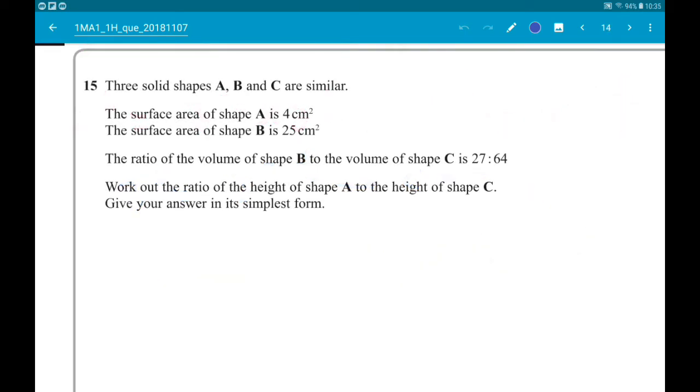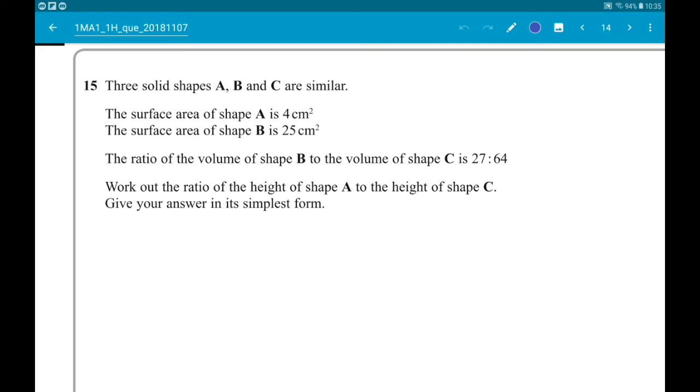Okay, number 15, we have solid shapes and combining ratios. Good times. So, 3 solid shapes, A, B and C, are similar. The surface area of shape A is 4 centimeters squared. Surface area of shape B is 25 centimeters squared.